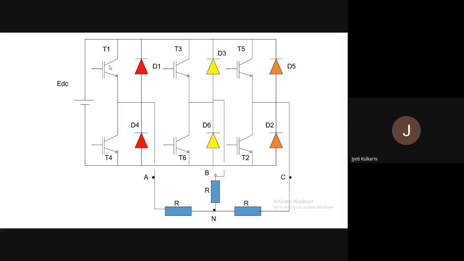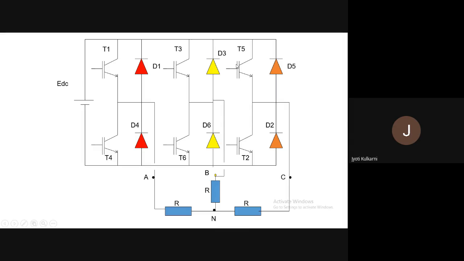But what is the standard sequence? ABC. So as per the standard phase sequence, like R, Y, B, that is ABC, how will I write the names of the devices? A is connected to first, so 1. B is connected to the middle branch. In the middle branch, 6 is under conduction mode, so 6. And the C branch is connected to fifth and second. Out of this fifth and second, fifth is under conduction mode.